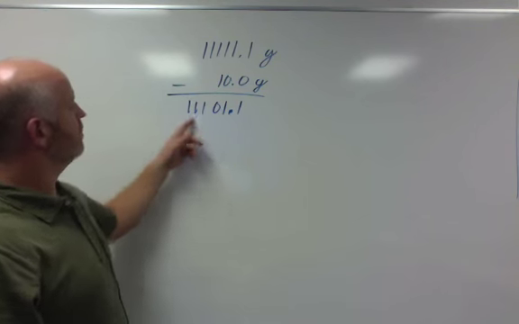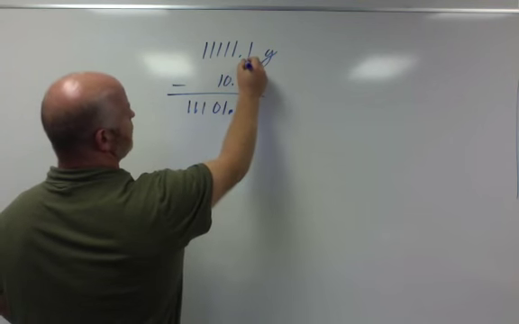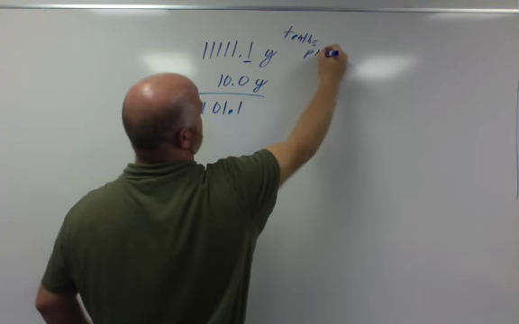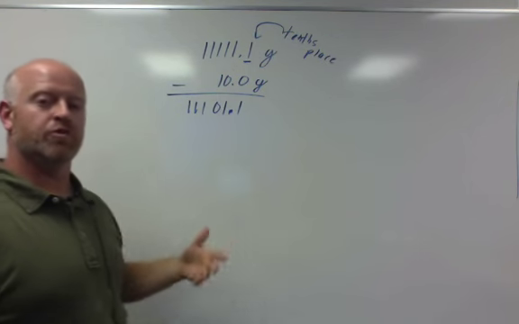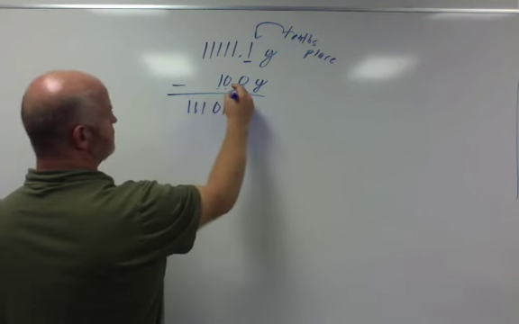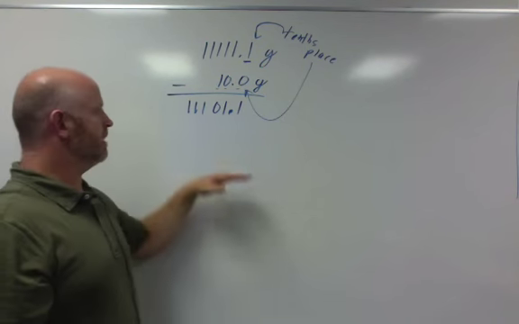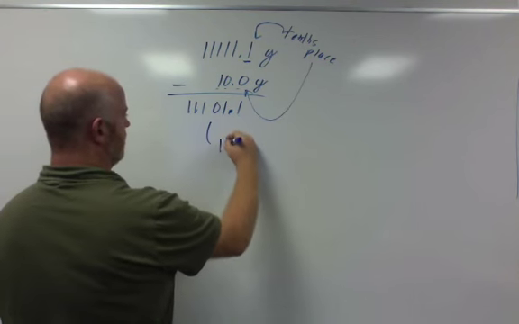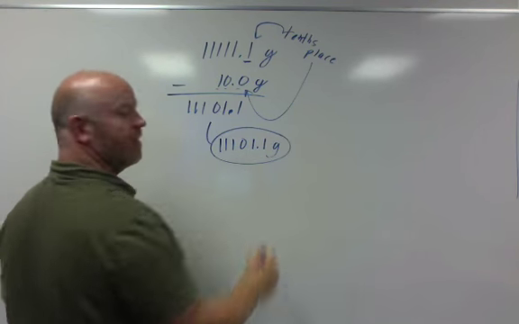The last measured value in this measurement falls in the tenths place. For the other value, even though they're zeros, those zeros are measured, based on our rules for counting significant figures. So this one also falls in the tenths place. That being the case, my answer should be rounded to the tenths place. So we'll leave it as 1,110.1 grams. That would be my final answer.